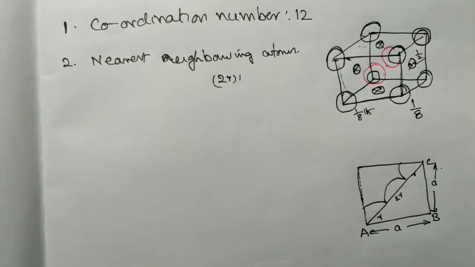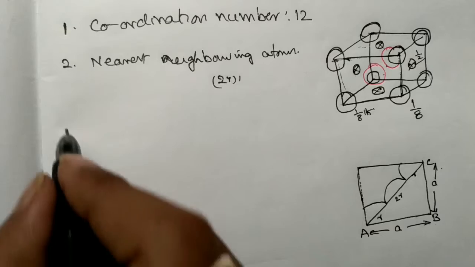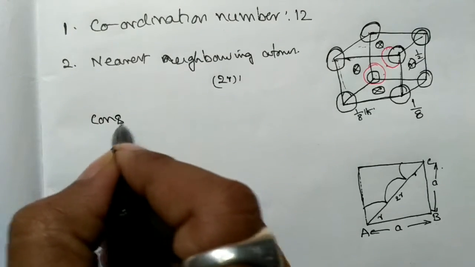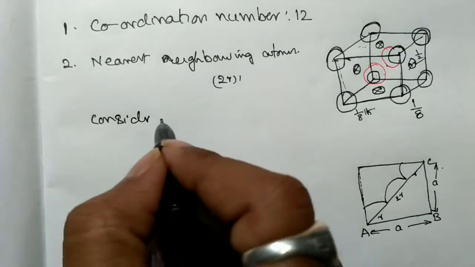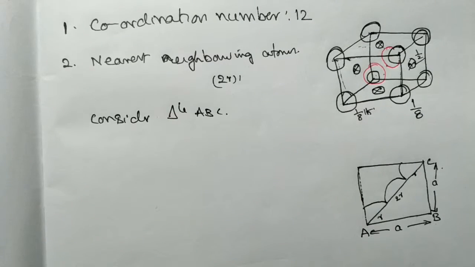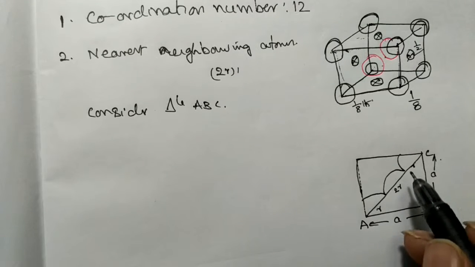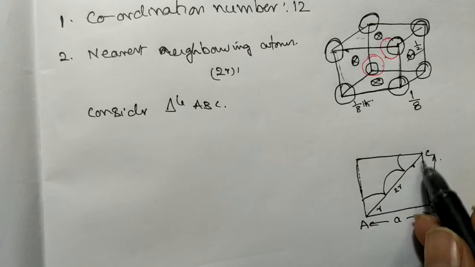Now we have to find this 2R. At this position, what will be the nearest neighboring atoms distance? Consider triangle ABC. By knowing Pythagoras theorem, we can easily calculate this value.